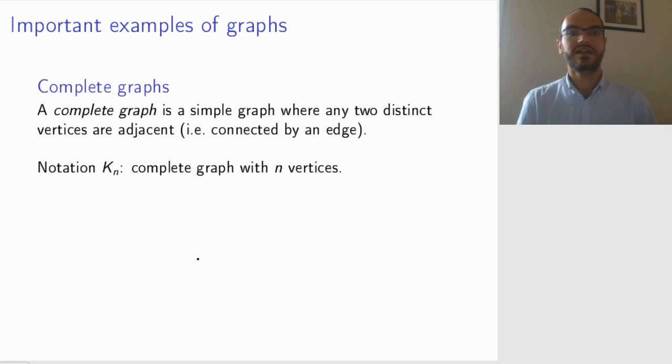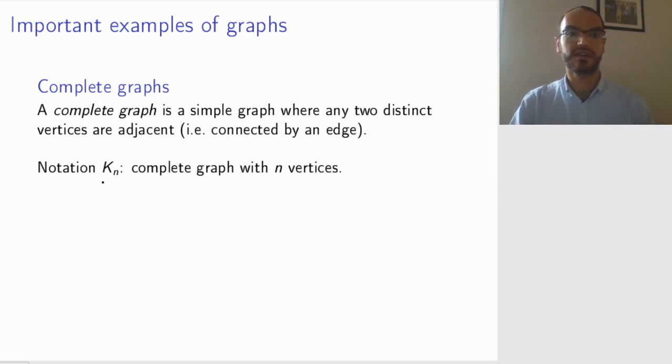On the opposite side, we have complete graphs. These are graphs which are simple, but have as many edges as possible. They are called complete because you simply cannot add edges while still keeping a simple graph. Remember, simple graph means you have no multiple edges and no loops.